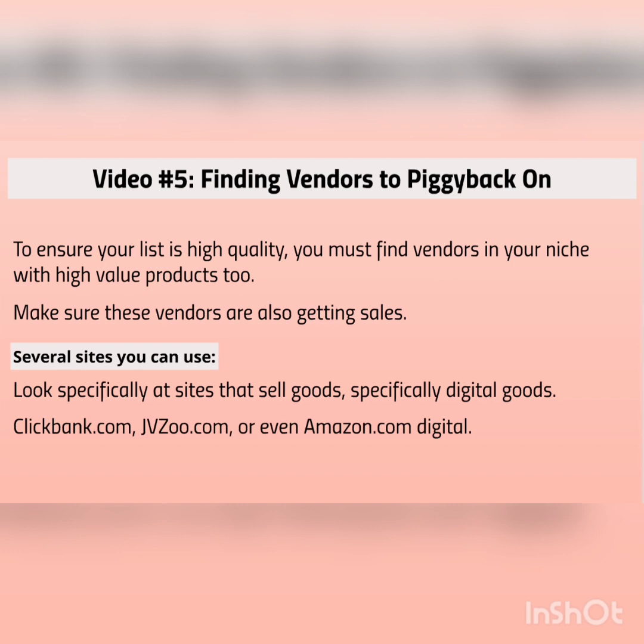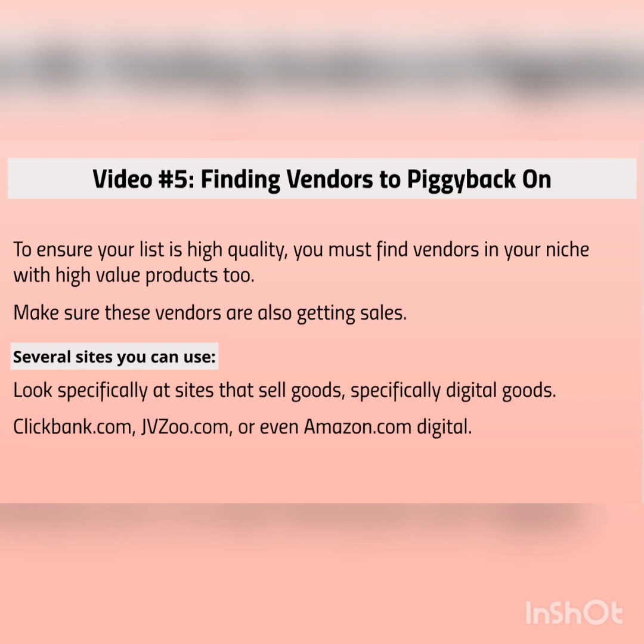This is a great site to go to because clickbank.com will actually show you stats of how well the vendor's product is selling. And the great thing about this is it encompasses many different niches, everything from wealth to religion, different broad spectrums of niches.